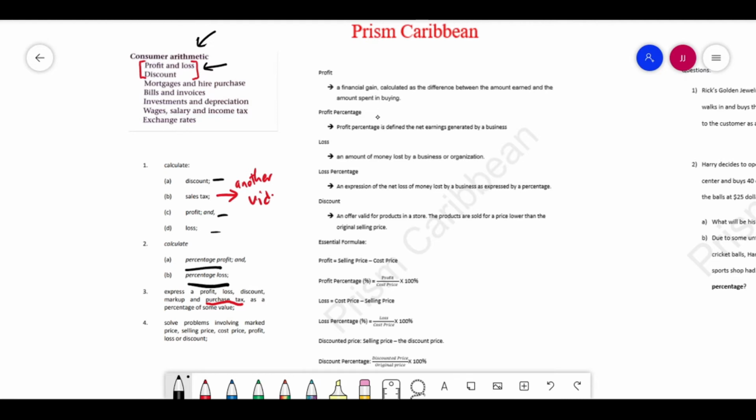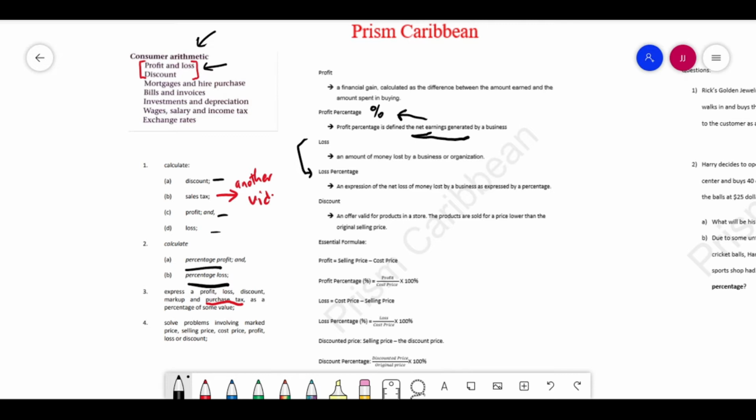Profit percentage is defined as the net earnings generated by a business, expressed as a percentage. Loss is an amount of money lost by a business or organization. You can also express this as a loss percentage, which is the net loss of money by a business expressed as a percentage.